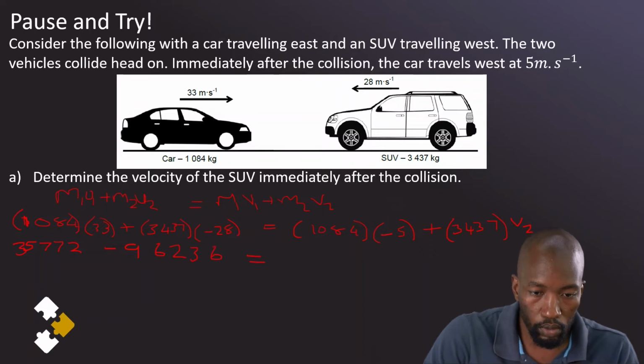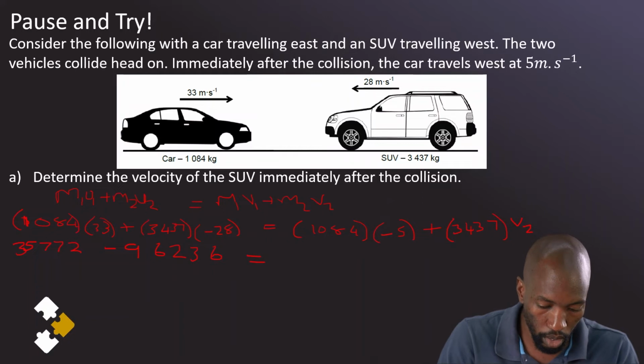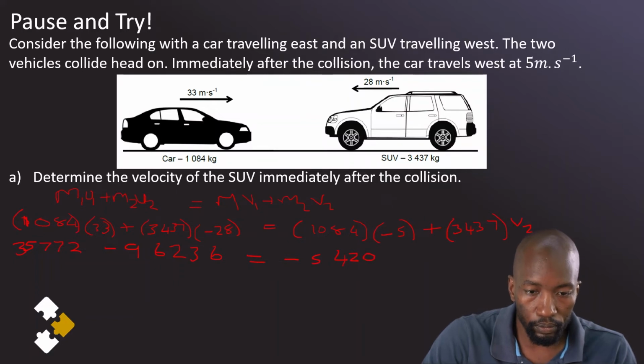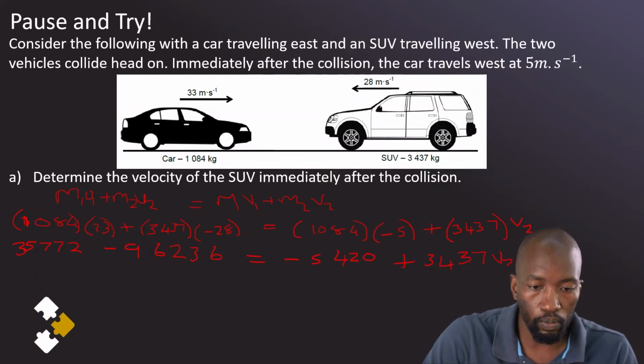And this is equal to 1084 times 5, and that is minus 5420, plus 3437 V2. And let's solve that there.